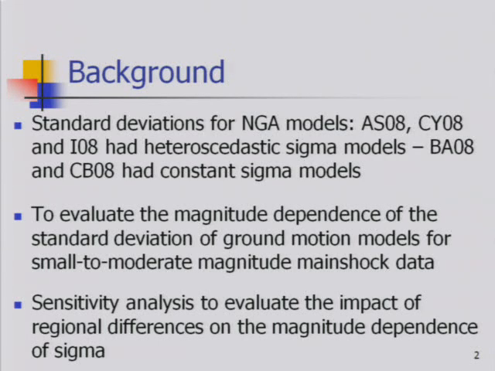So the objective of this preliminary analysis was to evaluate the magnitude dependence of sigma for small to moderate magnitude data, and to see if magnitude dependence can be observed using main shock data only. We also performed a preliminary sensitivity analysis to evaluate the impact of regional differences on the magnitude dependence of sigma.